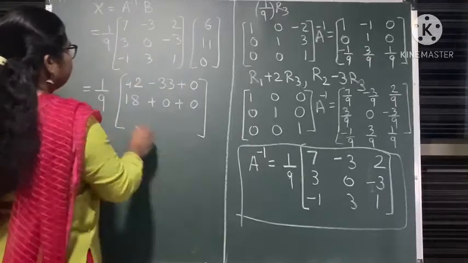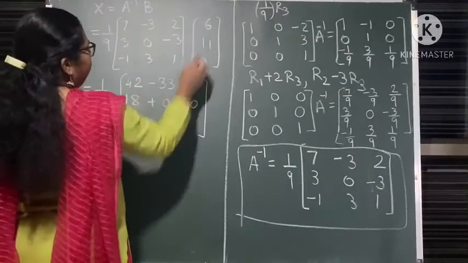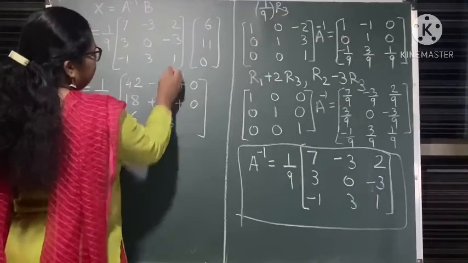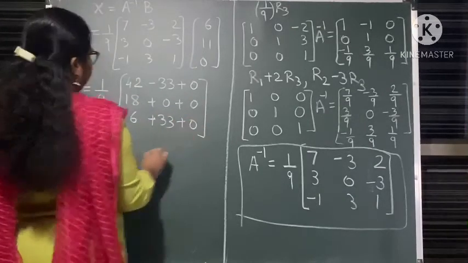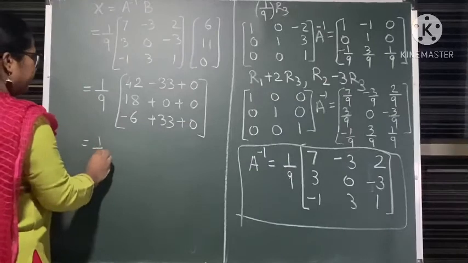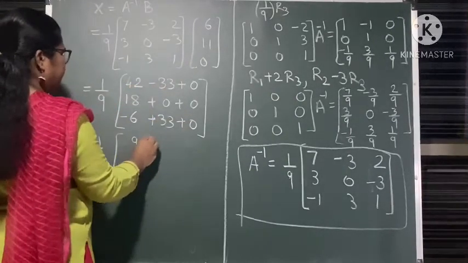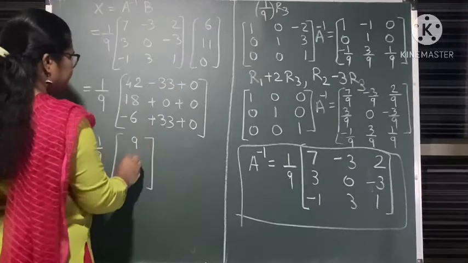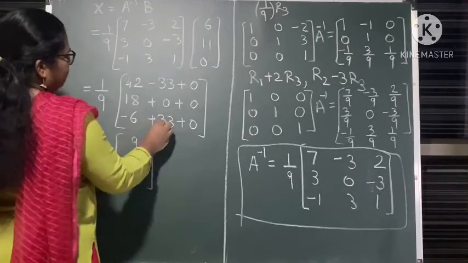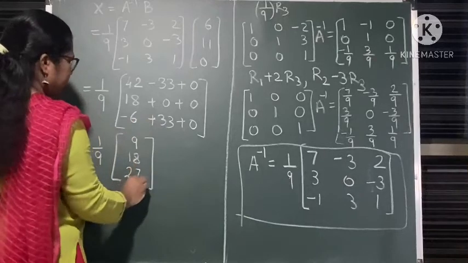Third row, minus 1 into 6 is minus 6. 3 into 11 is plus 33. And 1 into 0 is 0. So this is equal to 1 by 9 into 42 minus 33 is 9. Then 18. 33 minus 6 is 27.